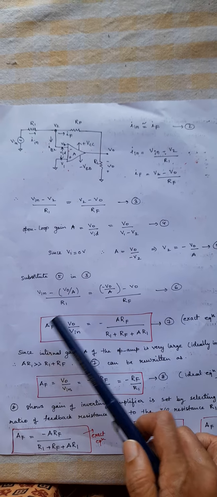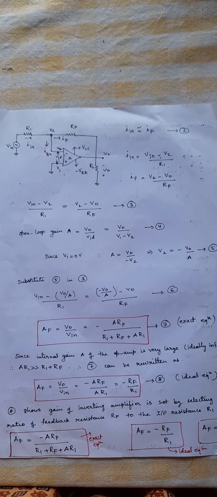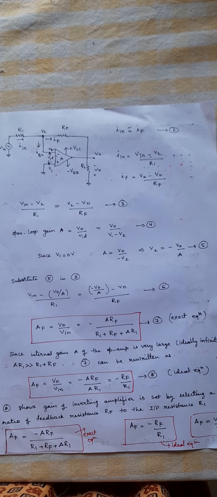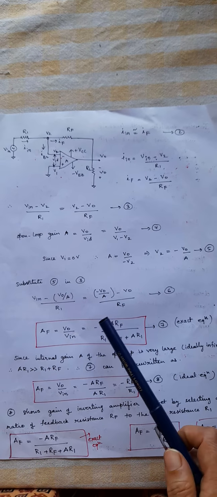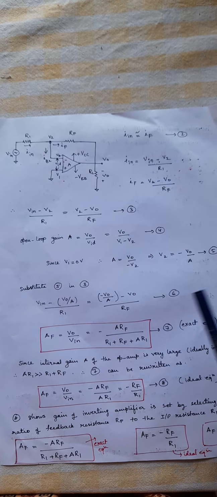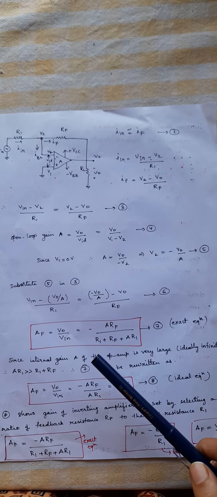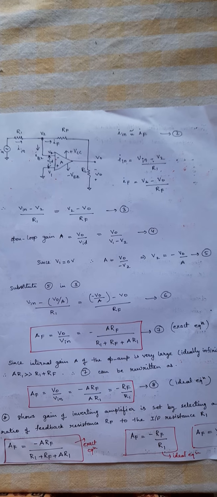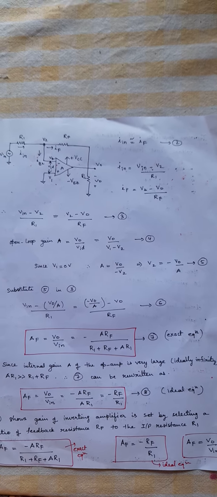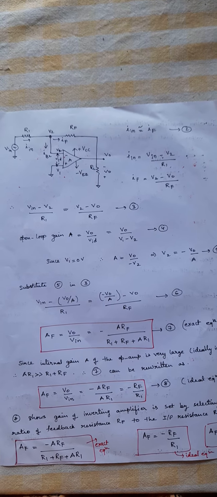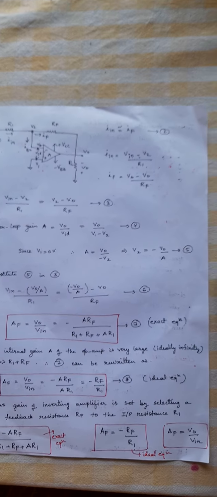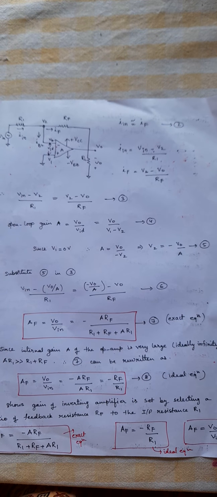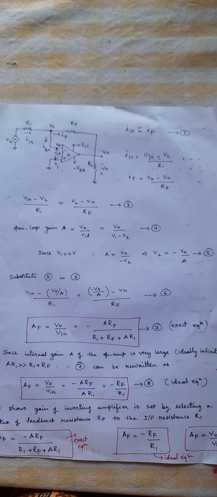AF is equal to minus ARF by R1 plus RF plus AR1, which is known as the exact equation. But we all know the gain of an ideal op-amp is infinity, a very large value.